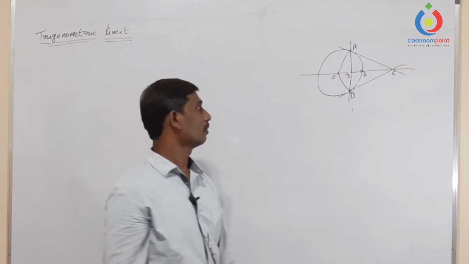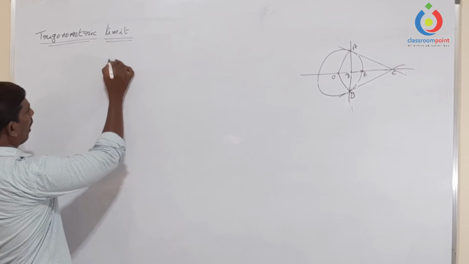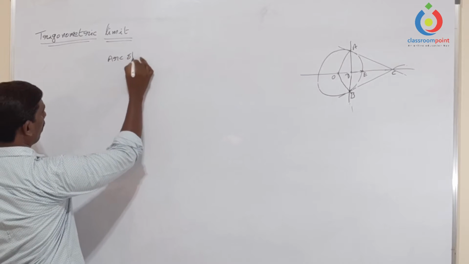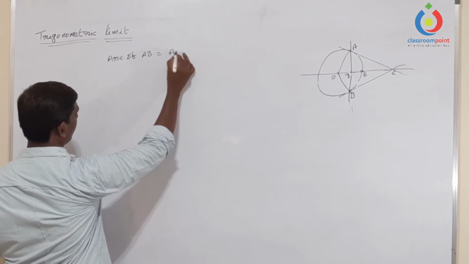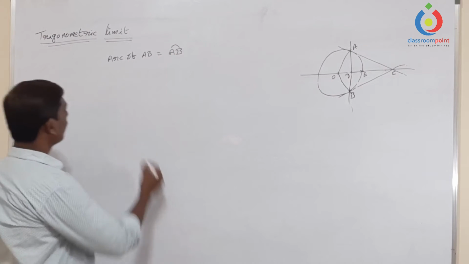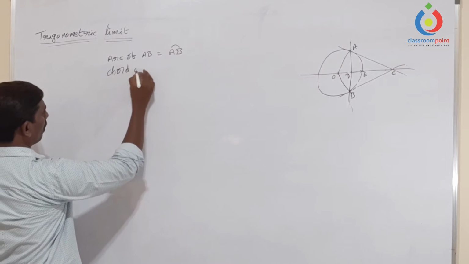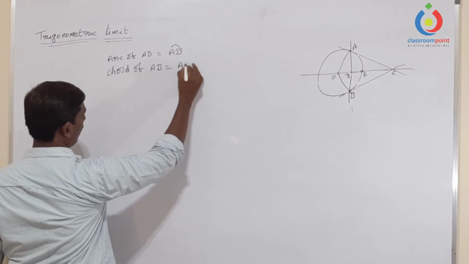Right? Now, here, first remember, arc of AB is denoted like this, chord of AB is equal to AB bar.